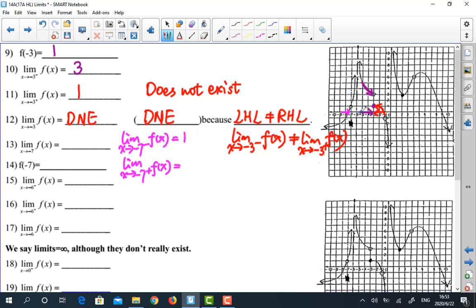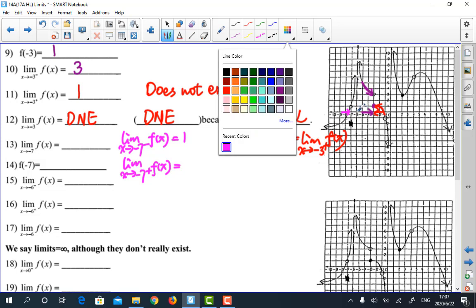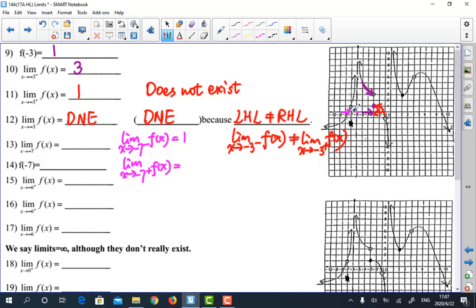How about the right-hand limit when x is approaching negative 7? Look at when x approaches negative 7 from the right-hand side. We look at the graph. From the right-hand side, the y value is also approaching 1. Therefore, the left-hand limit equals the right-hand limit. When x approaches negative 7, y approaches 1.